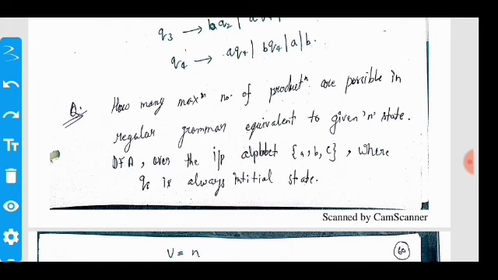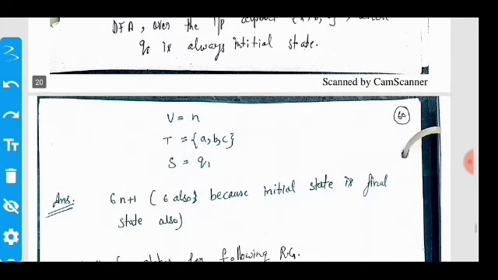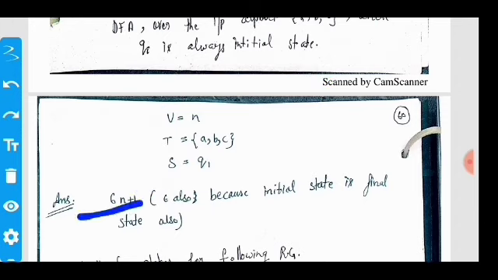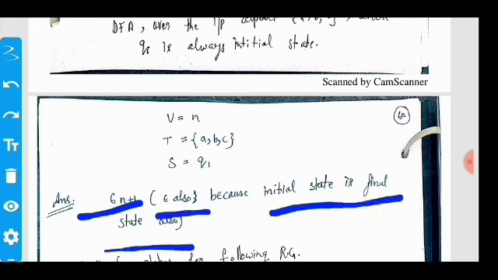Coming to the solution: the set of variables has n elements, the terminals are a, b, c, and S is the starting symbol, meaning Q1 is the initial state. Now the total number of final states is 6 plus 1 including epsilon, because the initial state is also a final state.